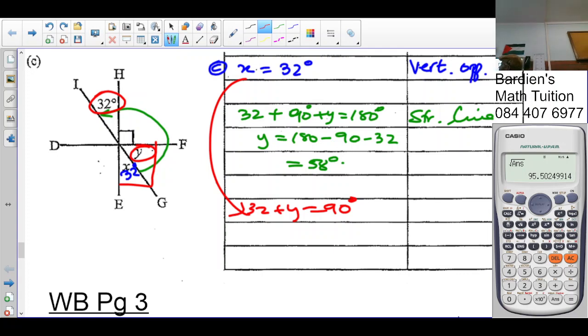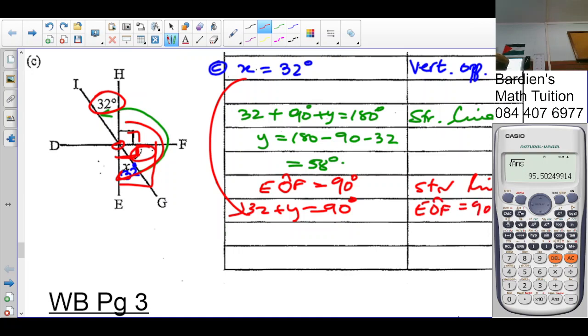But before you say this, you must first say that EOF is 90 degrees. Why is it 90 degrees? Because that's a straight line. Why? Because there are angles on a straight line. 90 plus this angle here equals 180. Then you can say this, because EOF is 90.